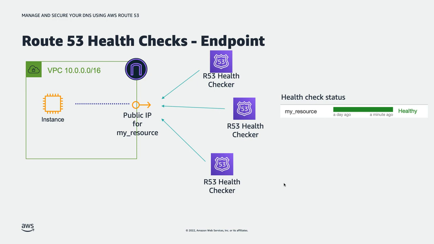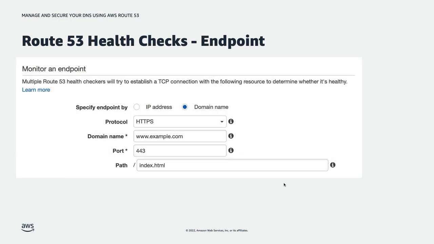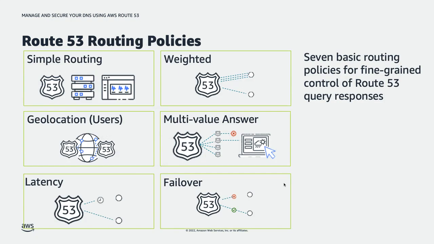We actually want to take that IP address out of circulation and don't hand it out anymore. So what we can do is we can configure a health check to make sure that we don't hand that IP address out anymore. And we'll do that in a minute as well.